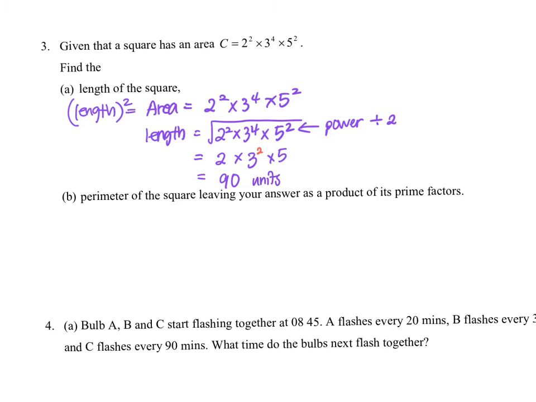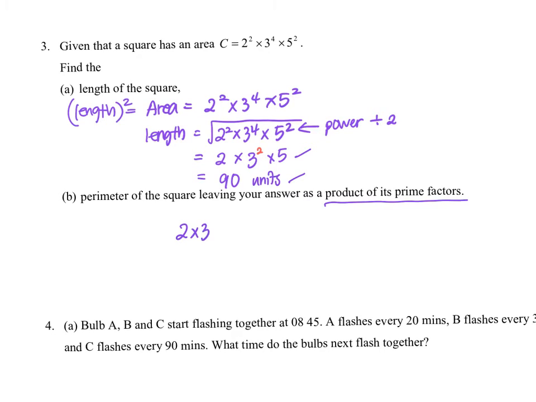Find the perimeter of the square, leaving your answer as a product of prime factors. If I have a length, the perimeter has how many sides? 4. So I'm just going to take this times the number 4. Am I going to use the 90 or the prime factor one? Just use 90, I don't want so long. I'm going to use the prime factor one directly.